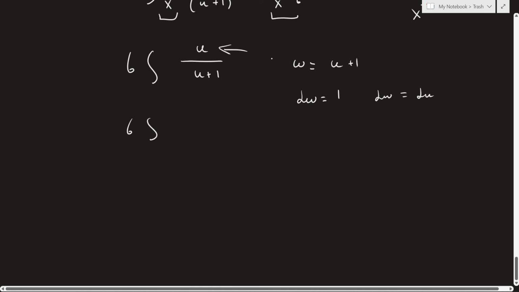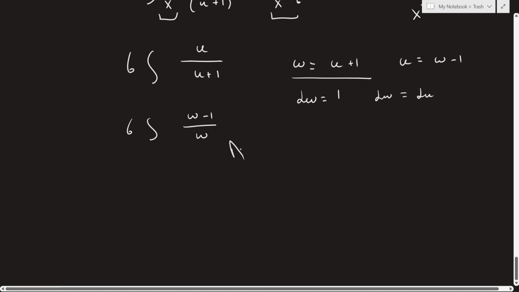And this u can also be written in the form of w. We know that w is equal to u plus 1. So if you want to solve for u, it's going to be u equal to w minus 1. So replace u as w minus 1 and u plus 1 as w.